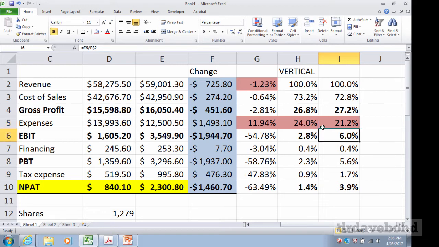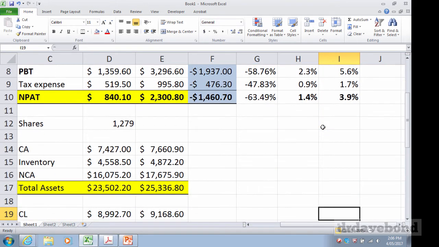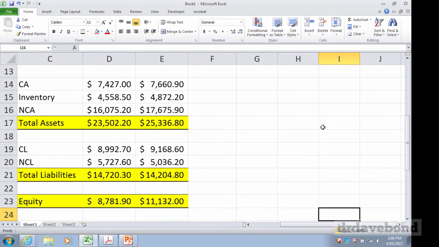So we've done the vertical over there with that. What we've got down here, and if you turn to the profit and loss statement, you can see all these items. So if you've got the balance sheet, you should have a statement of financial position.